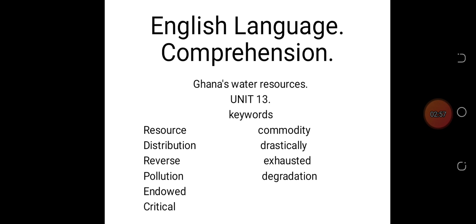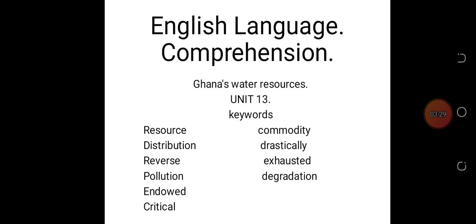Pollution. Endowed. Critical. Commodity. Drastically. Exhausted. Degradation. Very good.